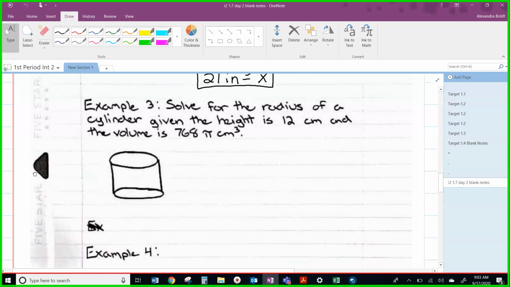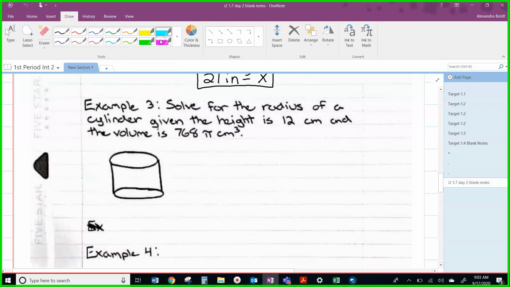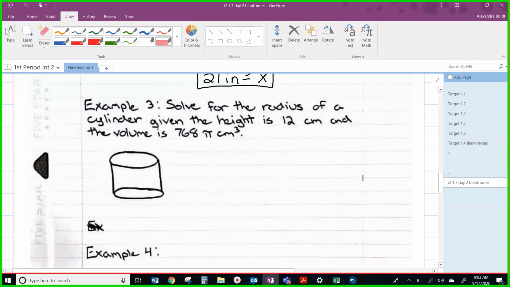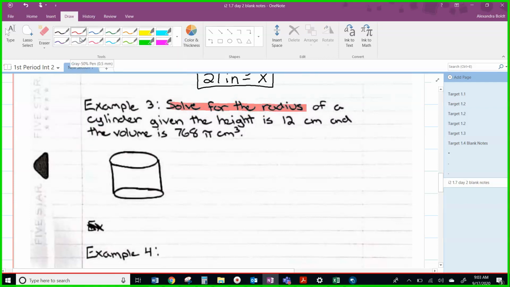So again, I know it's a cylinder, so we can always make a picture, right? There's our cylinder. We're solving for the radius. So I'm going to put my radius in, and that's going to be x.